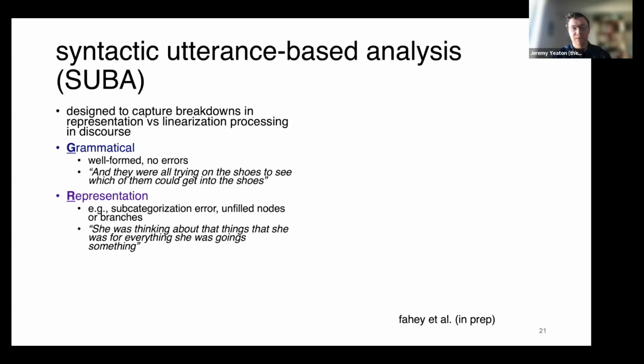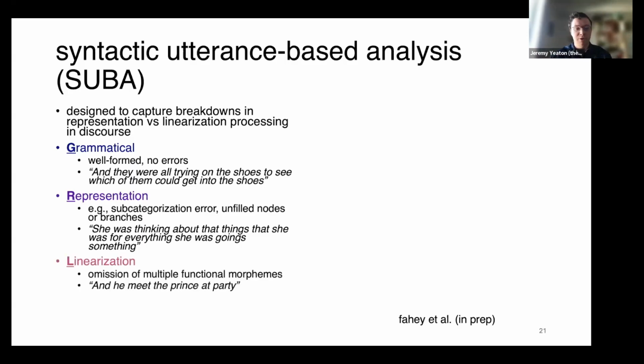You can have representation level errors, which are things like subcategorization or unfilled nodes and branches. So, "she was thinking about the things that she was for everything she was goings something." Something there has gone wrong, and it seems to be at the representation level, the hierarchical organization, rather than at the morphosyntactic level.